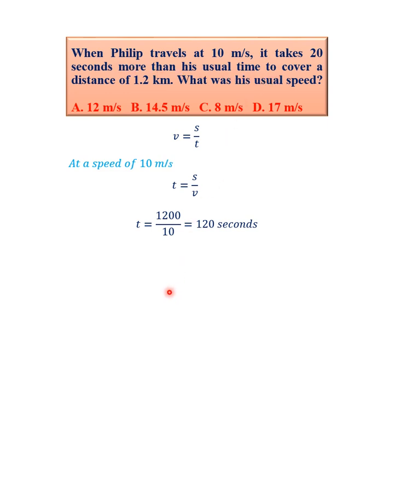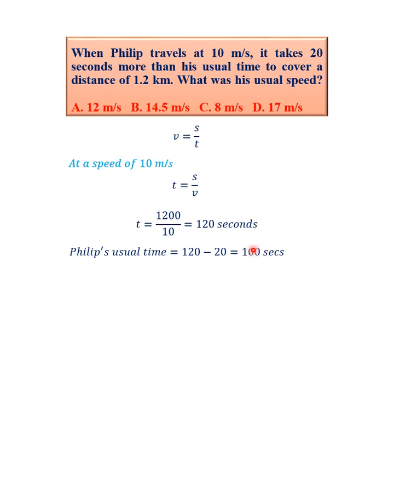So it means Philip's usual time will be 20 seconds less than 120. So 120 minus 20 equals 100 seconds, because the time it took him to travel at 10 meters per second is 20 seconds more. So if it takes 120 seconds, it means his usual time will be 100.